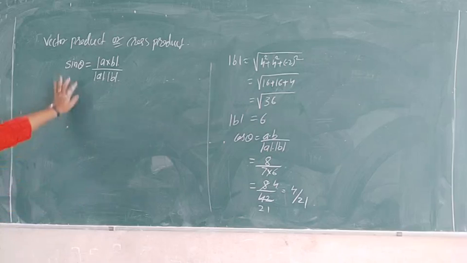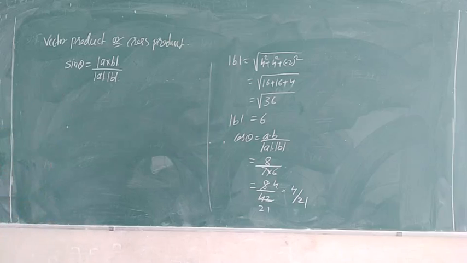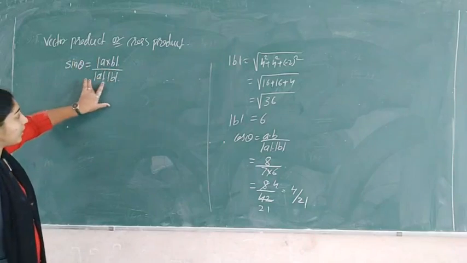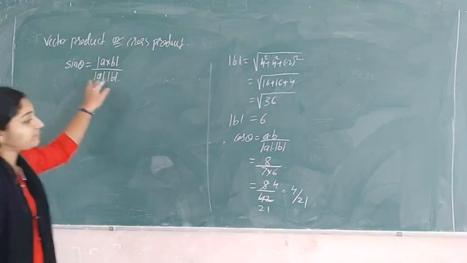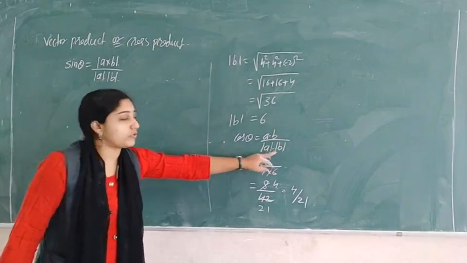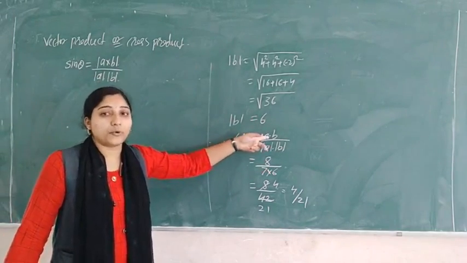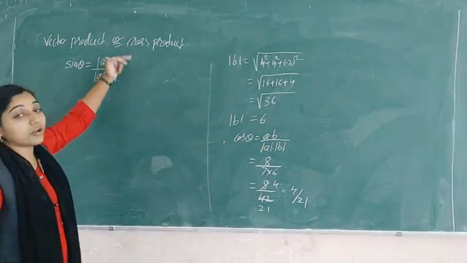Here it is sin theta, there it is the cosine angle. There it is dot product, and here we have A cross B because here it is called cross product.